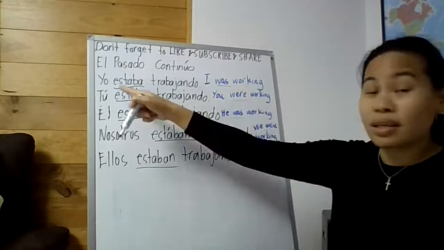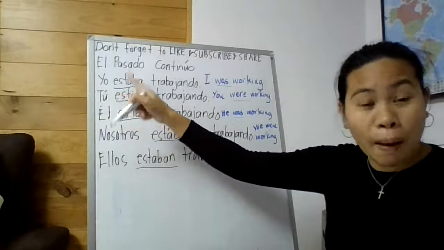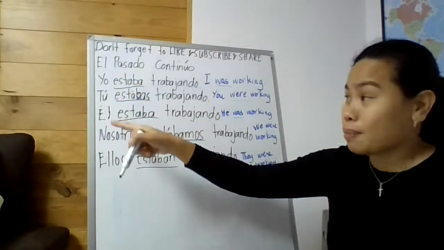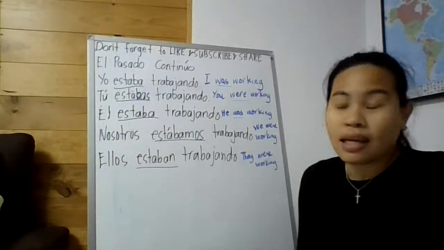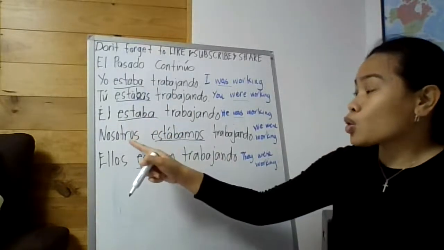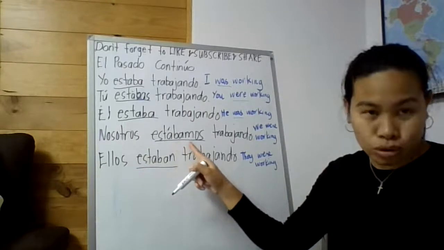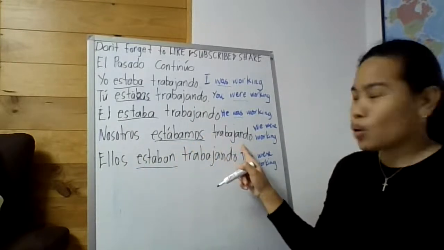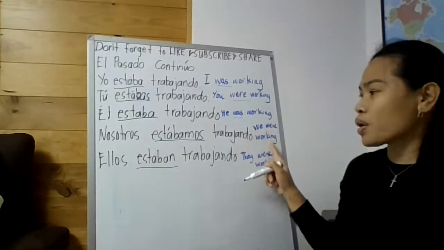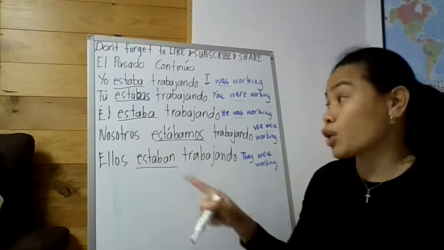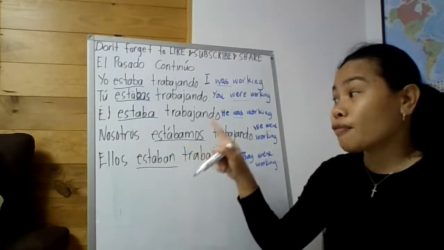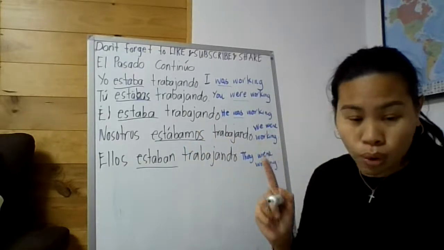That is why you can see the verb be in Spanish is the same. Yo estaba y él estaba. And then, nosotros estábamos trabajando. So, we were working. Estábamos is plural because we are talking about first person plural.